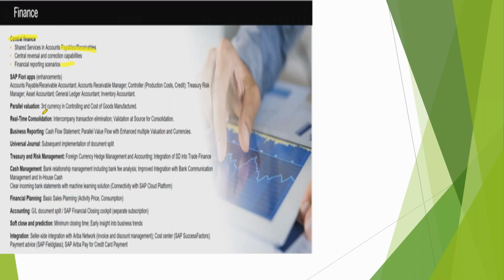Now parallel valuation. Previously we had a restriction of two currency valuations. Now you have a third currency in controlling and cost of goods sold manufacturing, where the valuations can be activated. Then real-time consolidation, which reduces your intercompany transactions, reconciliations, or consolidations at month ends.